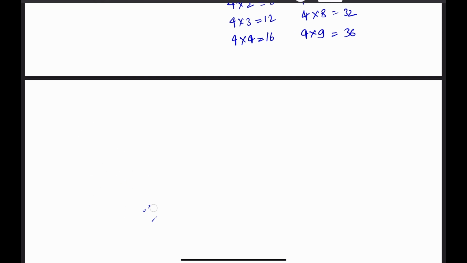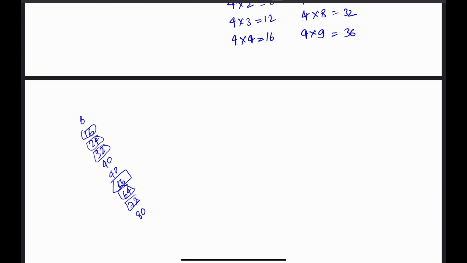But in 8 I suppose there will be repetition. Repetition here, here, here, here.